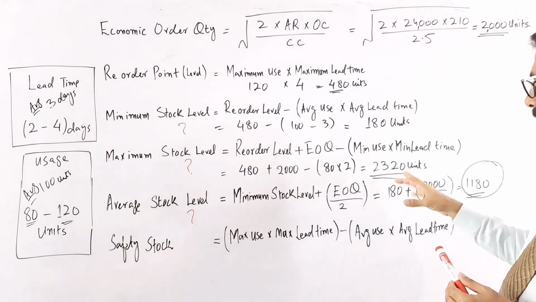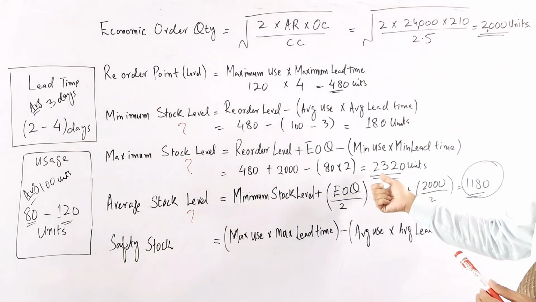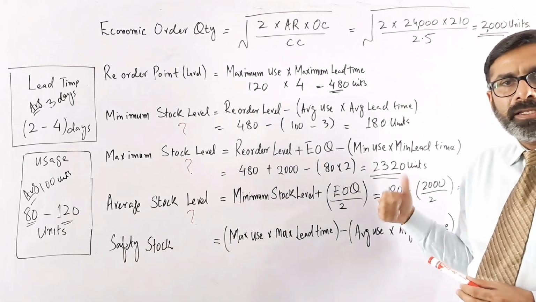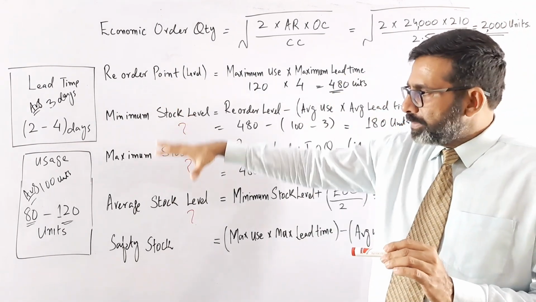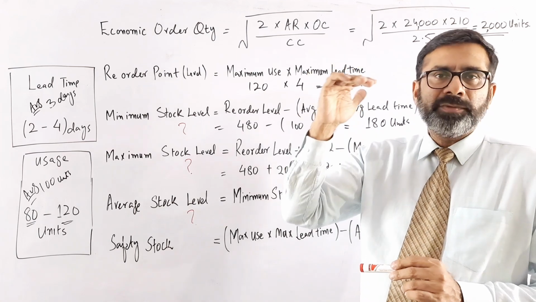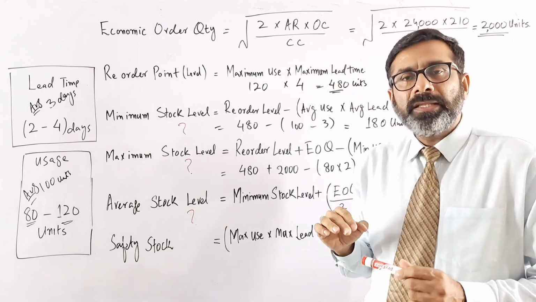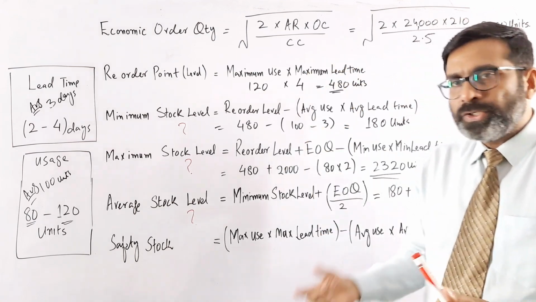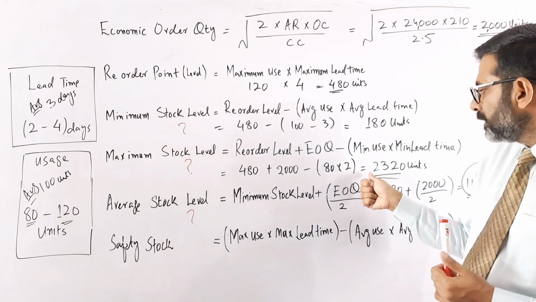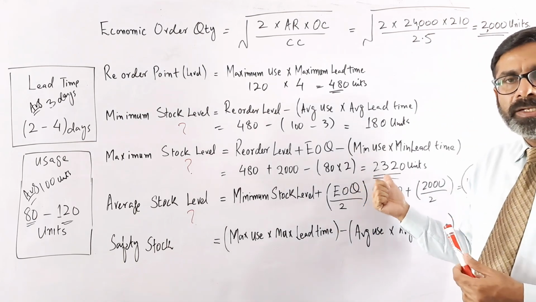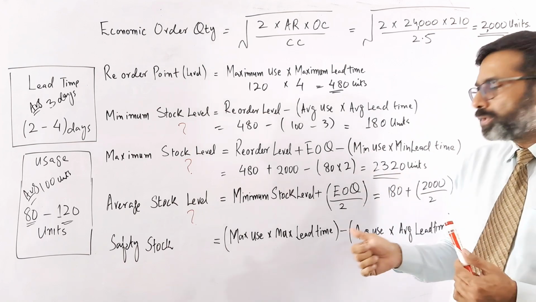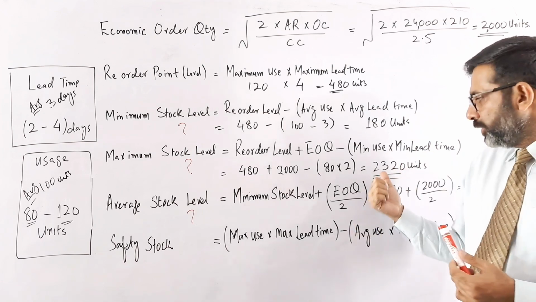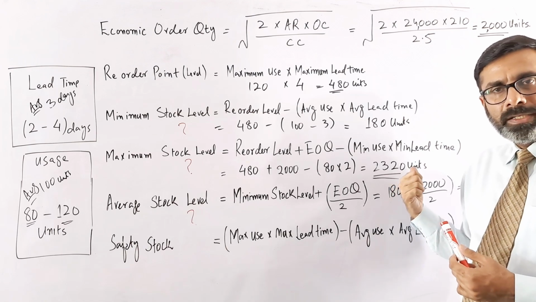In this example we have a maximum inventory level of 2320 units. This is the level where the maximum inventory can reach. So it means they should have a warehouse with a capacity of 2320 units.